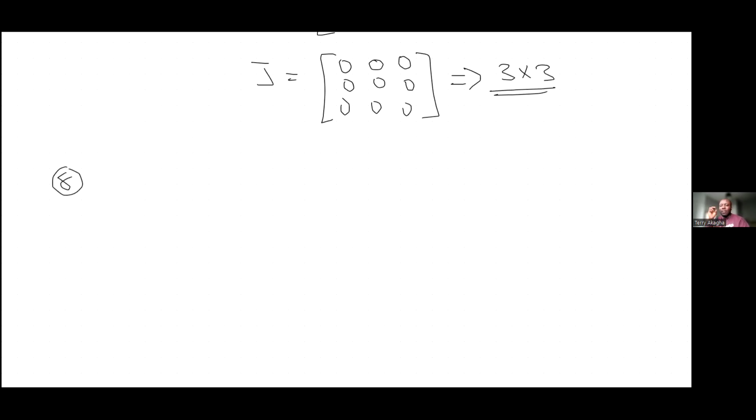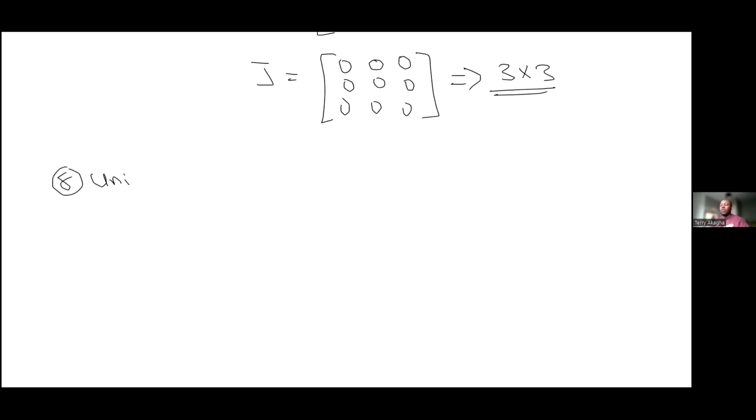But the diagonal elements only have a value of 1, while the rest is what? 0. So that's what we call an identity matrix. The diagonal elements of that square matrix are 1, and the rest of the elements are 0. Okay? So that's number 8.